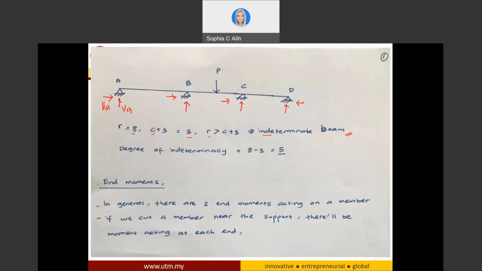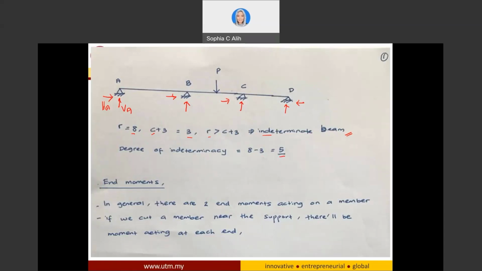The degree of indeterminacy of this beam is simply 8 minus 3, which is 5. So I have an extra 5 reactions that I couldn't solve using the static equilibrium that I have already learned. So I will use the slope deflection method to analyze this kind of structure.